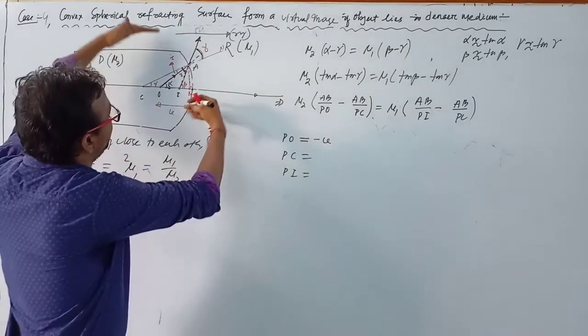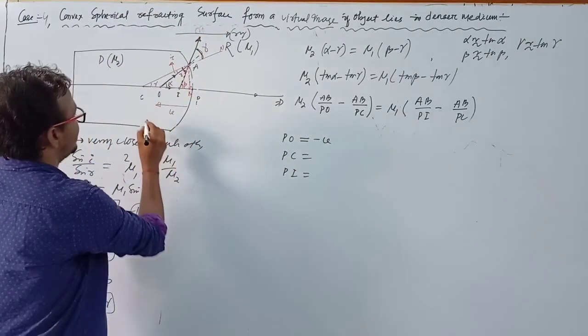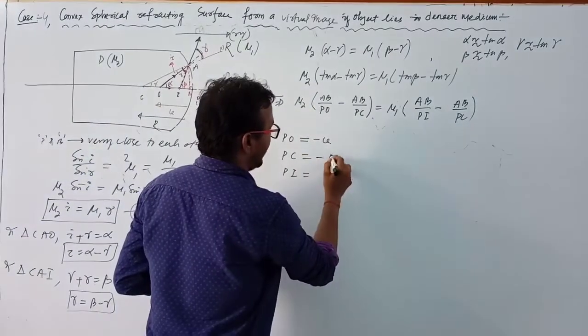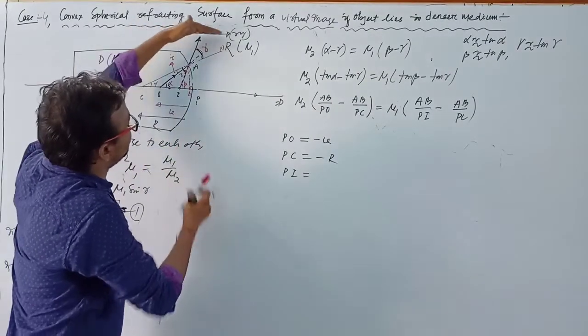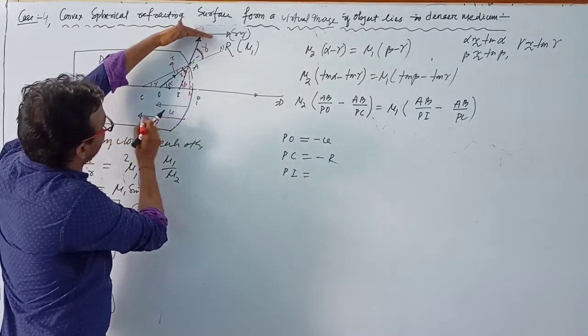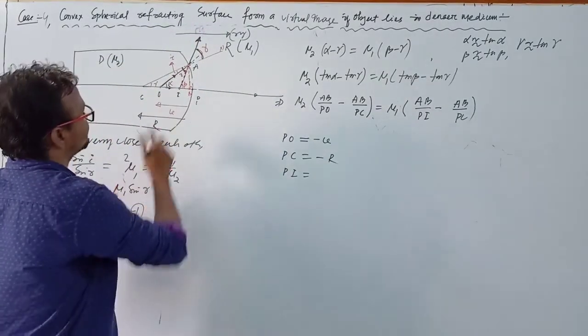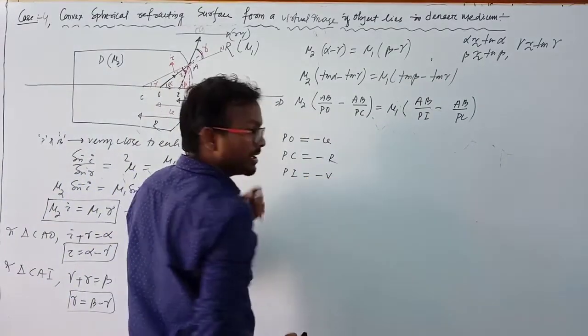Why? Because this is opposite to the ray of light. Similarly PC, this distance is r, the radius of curvature, and here minus r, because we have to measure from this point to this point, opposite to the incident light, so minus sign. Again PI, this distance is v, or you can write minus v.